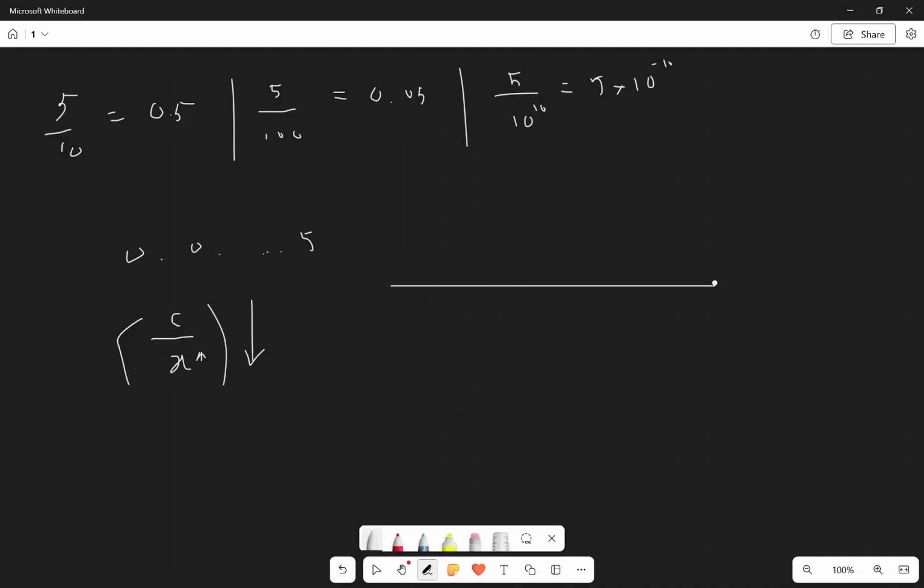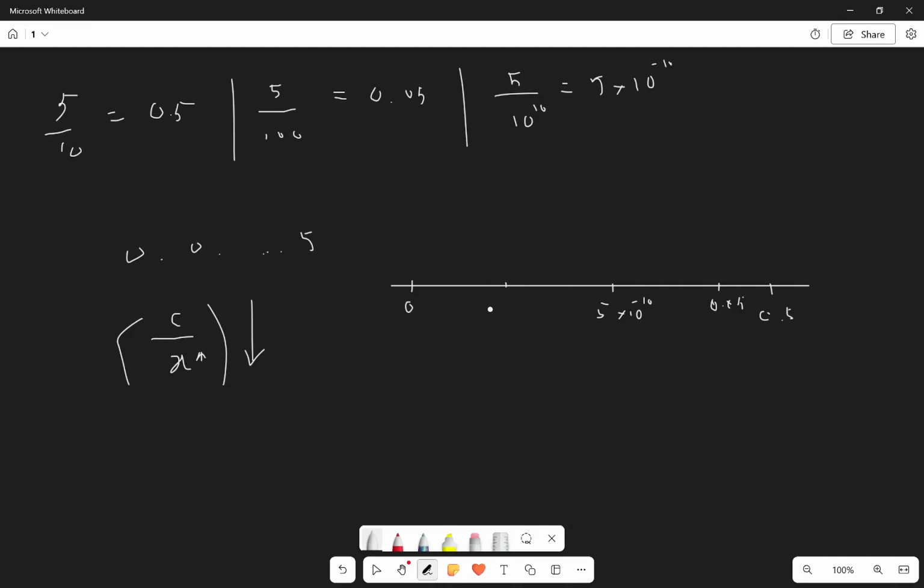Let's say I have this number line, and I have 0 here, then 0.5 is over here, then 0.05 is going to be over here, and then 5 times 10 to the power minus 10.